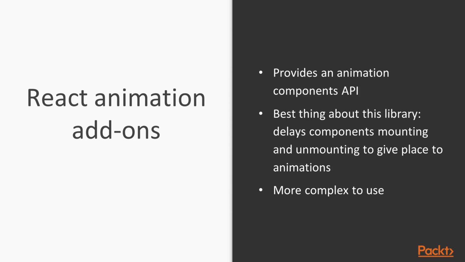The bad thing about this library is that it delays the component mounting and unmounting to give place to animation. So it's very easy to animate the entrance or the exit of elements in the screen without doing that much work. With other solutions, this type of animation can be very hard to build. But since this API is a little bit more powerful than the previous one, it's also more complex to use.